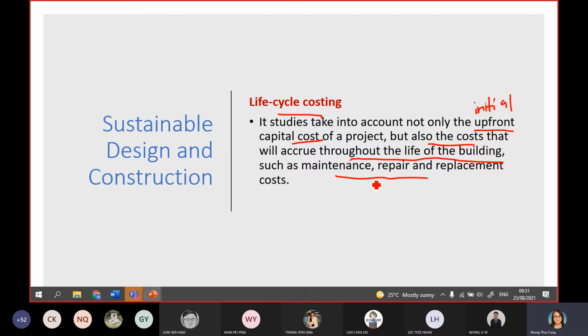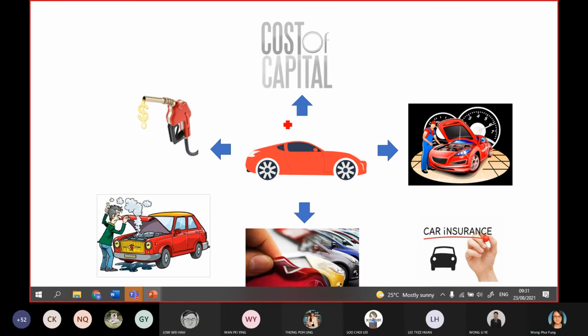maintenance, repair, and replacement. Say, for example, when you purchase a car, of course, very commonly, the first thing people think about is the initial cost first. That is logical. When you purchase a car, the first thing you will ask is, what is the capital cost of this car?